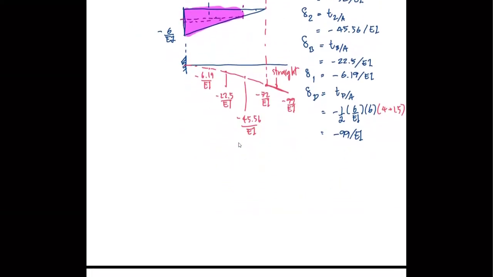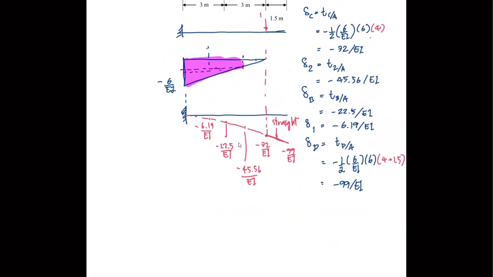So that means the influence line of RC will look like this. And it becomes a straight line in the last part.